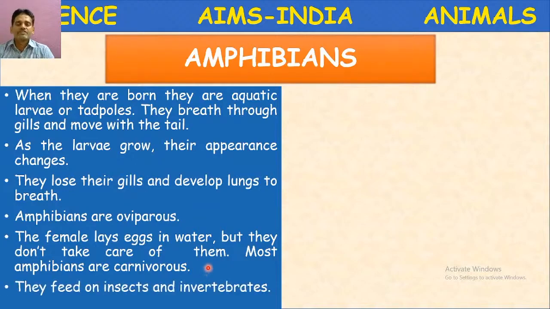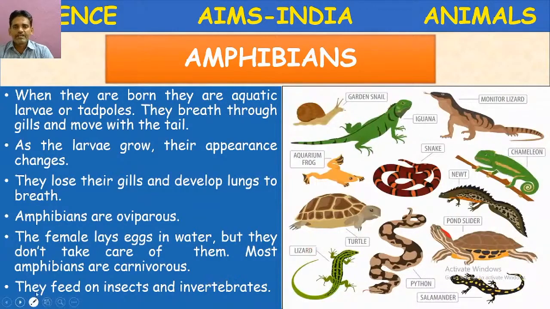Carnivorous means which feed on animals or animal food materials. They feed on insects and invertebrates, small animals. See here some examples of amphibians are given. Many animals are there in this list. Try to identify the amphibians from this list. Frog is the common example of amphibian.